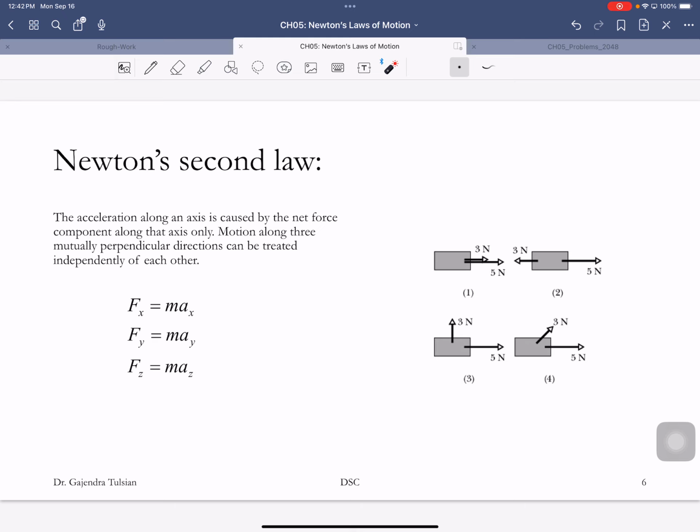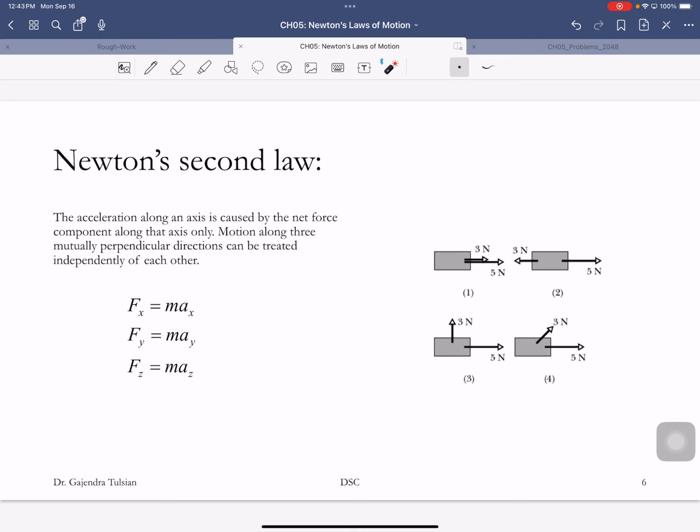Now here's another interesting thing it tells you. If you apply a force in the x direction, you cannot change the motion in the y direction. All you can do is affect the motion in the x direction. A force applied in the y direction only affects the motion in the y direction.